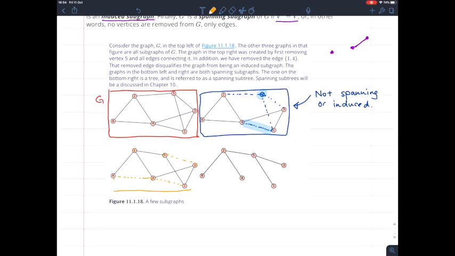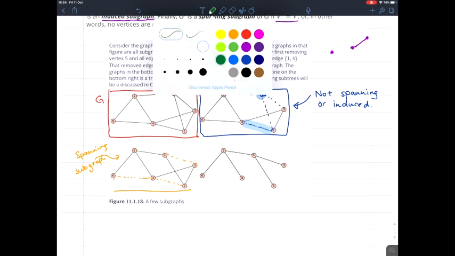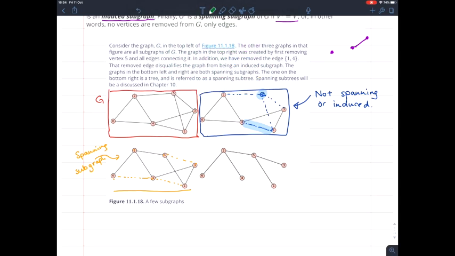So since we didn't remove any vertices, this is a spanning subgraph. And then finally, if we look at our last graph, we haven't removed any vertices, so it is spanning.